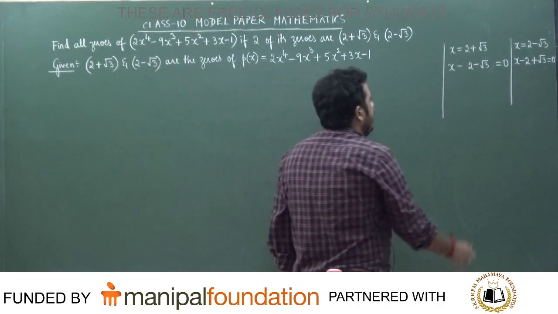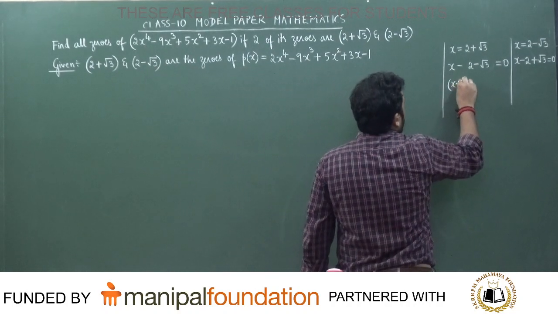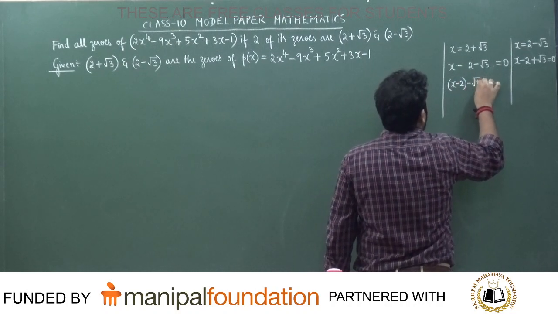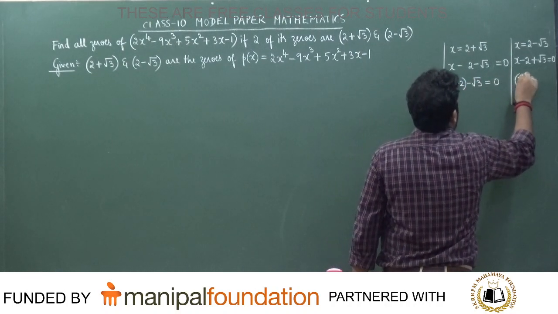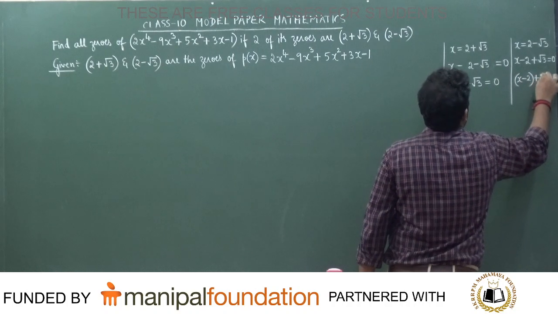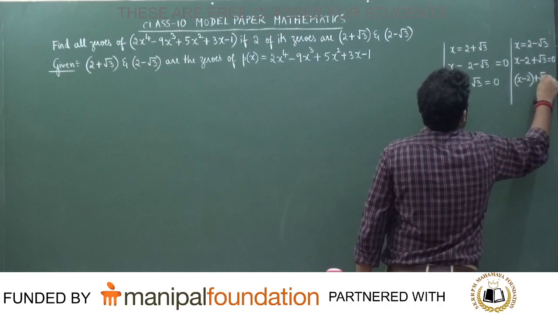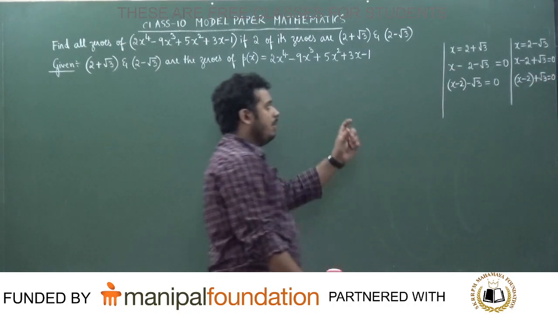So now in both of these we can group x minus 2, correct? x minus 2 minus root 3 that is equal to 0 and x minus 2 plus root 3 that is equal to 0. Correct or not?